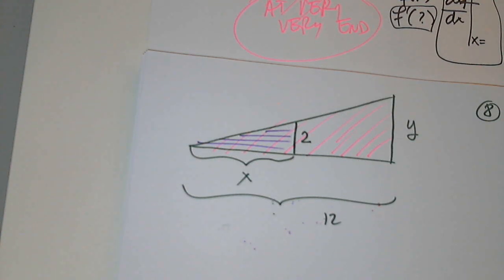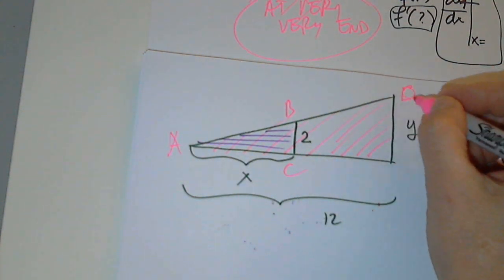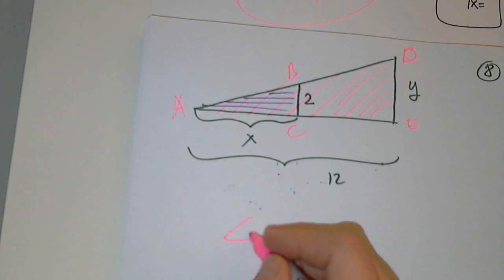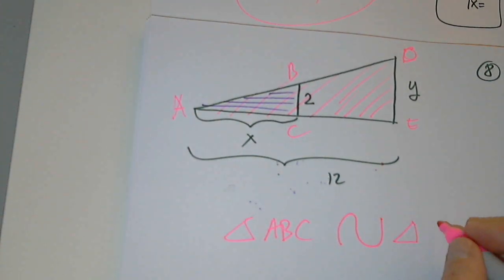But before I do that, I have to show that the tiny triangle and the big triangle are similar. Very good. So A, B, C, D, E, triangle ABC is similar to triangle ADE.